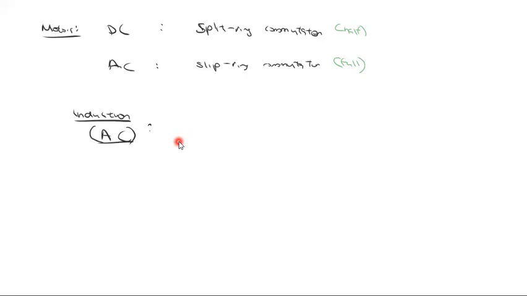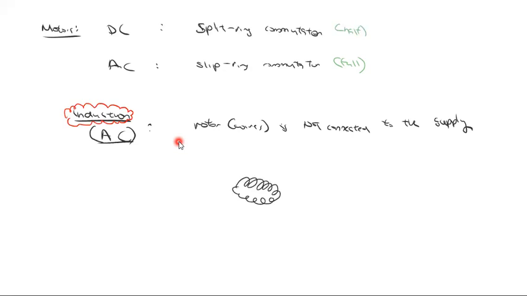And the reason why it's called induction, kind of tying in with what we said yesterday, is because the rotor, which has wires, is not connected to the coil, to the supply or the battery. So basically, in the middle, you've just got some coils. Conceptually, right? In the middle, you've got some coil. It's actually called a squirrel cage rotor.